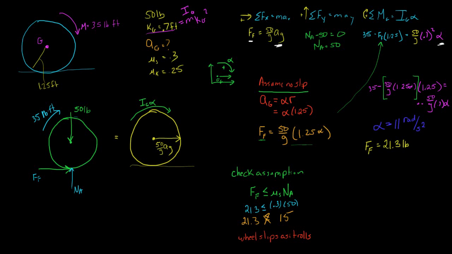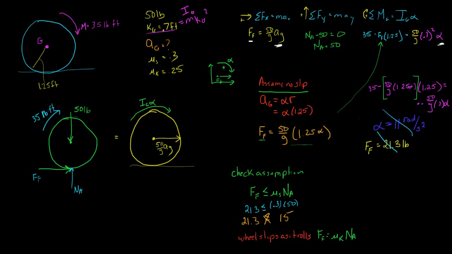And now, because it slips as it rolls, we have another expression for our frictional force. Our frictional force is equal to the coefficient of kinetic friction times our normal force. So we have to disregard these previous results. We don't want to use this result, and we don't want to use this result, because the assumption we got those results under is not true.